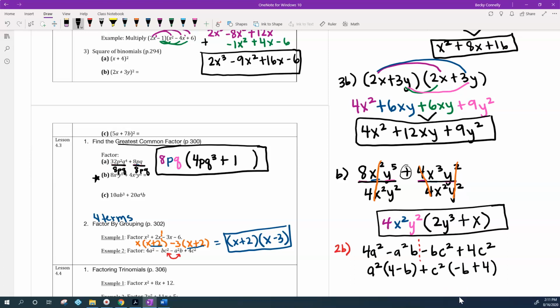I could rewrite this one as 4 minus b, and they would both be the same. So if 4 minus b is my greatest common factor, that's going to come out, and that's going to leave me with a squared plus c squared. And that would be my factored answer. All right, so that's 4.2 and 4.3.